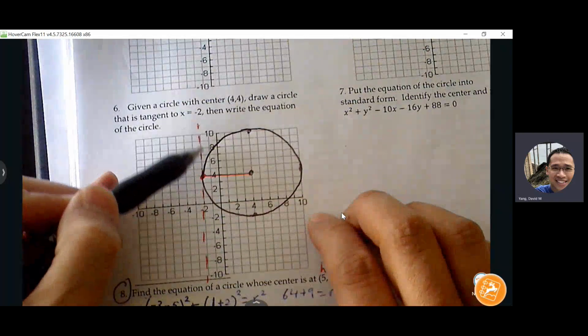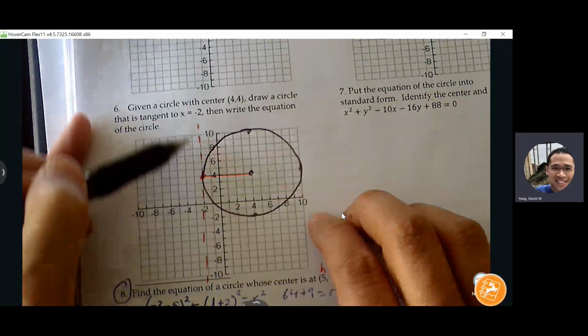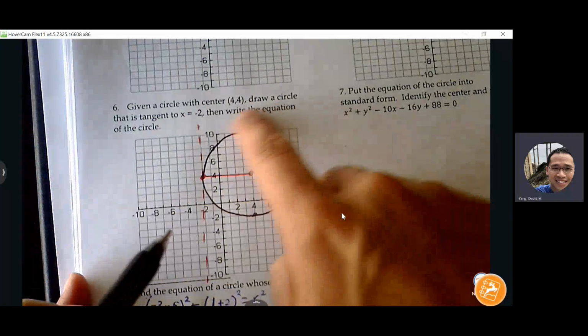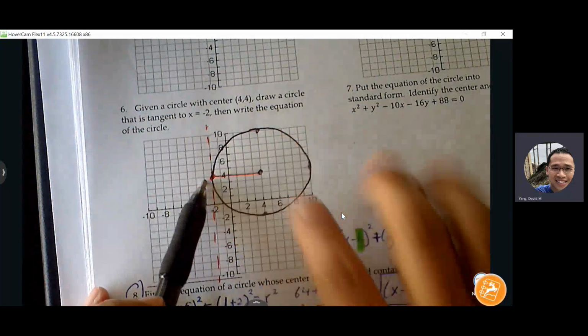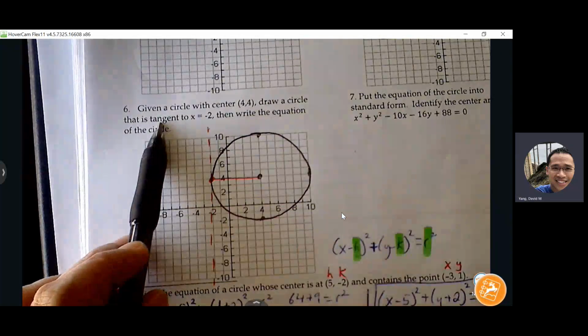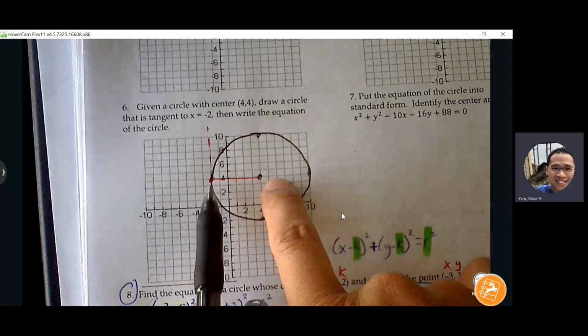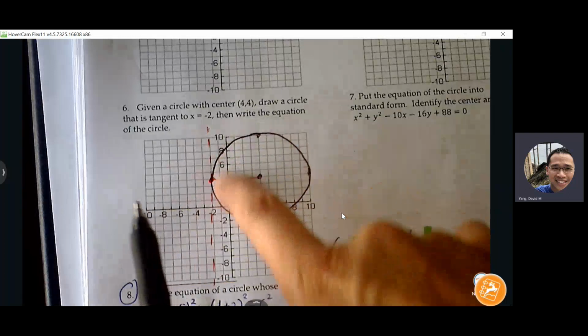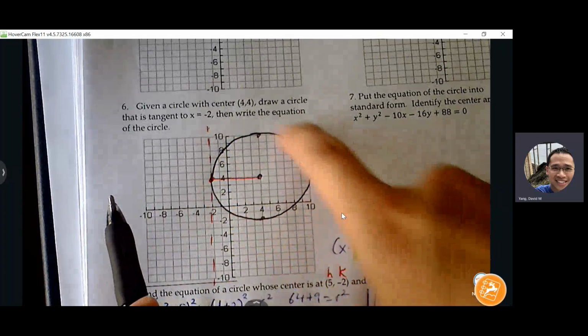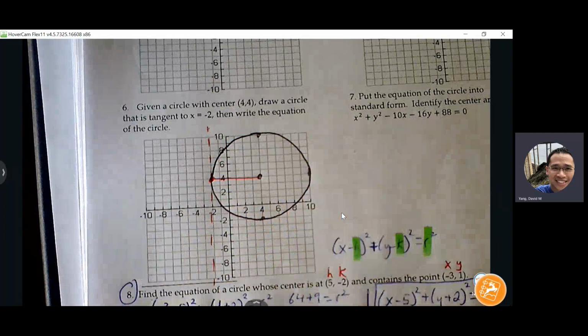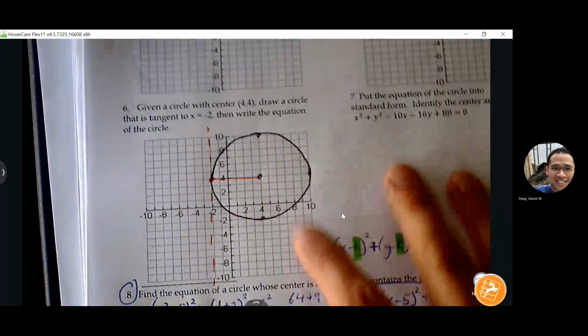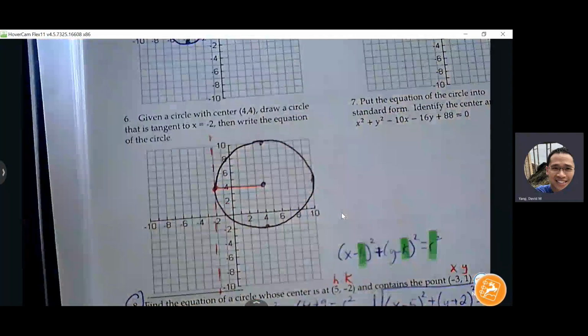So you see how the tangent line is x equals -2. I want my circle to skim the surface of this line. Tangent just means that it's going to skim the surface. So if I can count the distance from the center to that line, that will be my radius. If I have my radius, I can make my circle skim the surface of that line. Okay, write the equation.